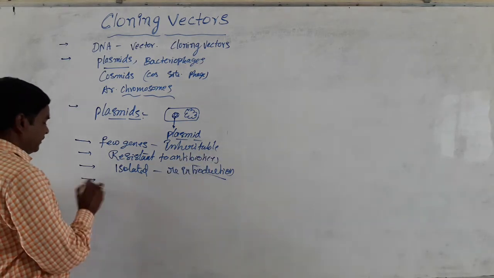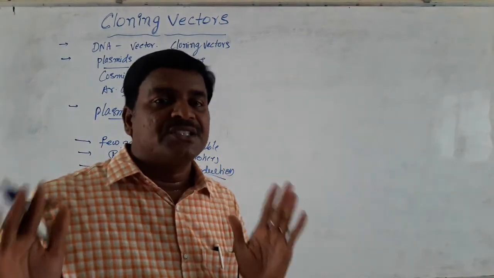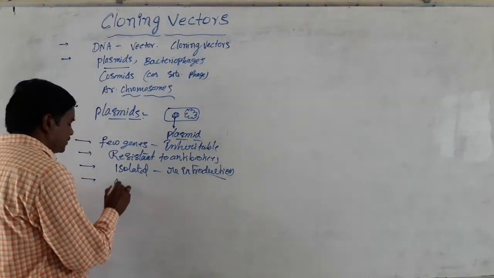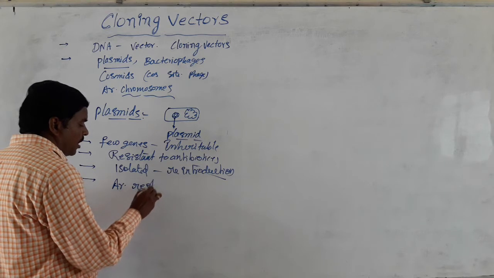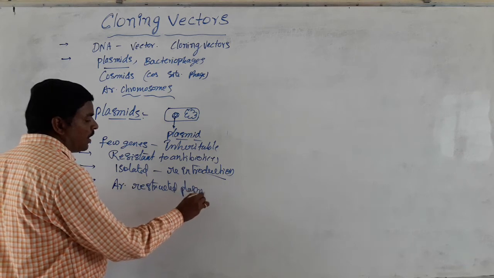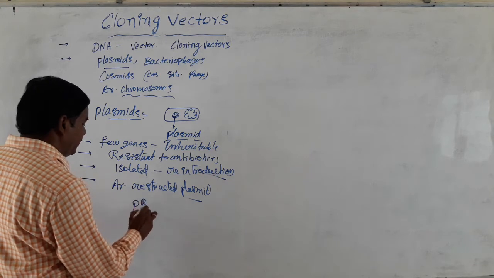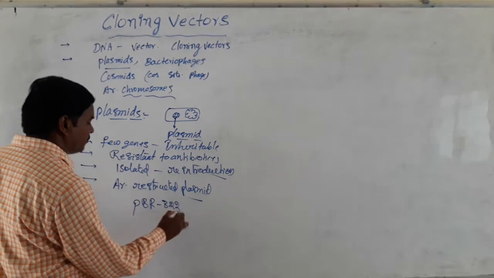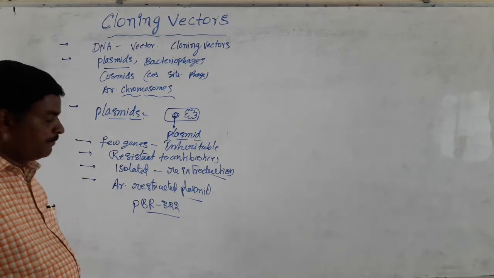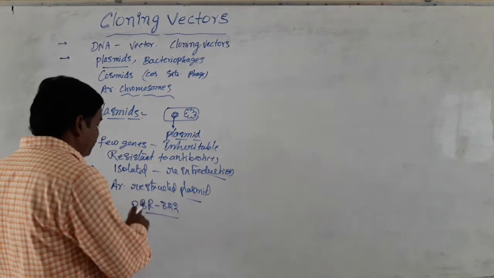Apart from these natural plasmids, there are some artificially restructured plasmids. What are artificially restructured plasmids? One is pBR322, the plasmid of Bolivar and Rodriguez, the names of the scientists.